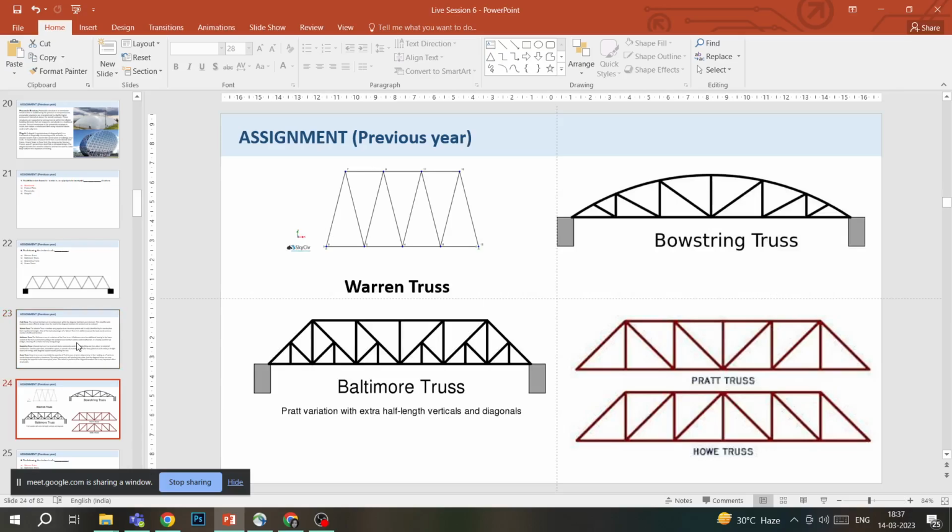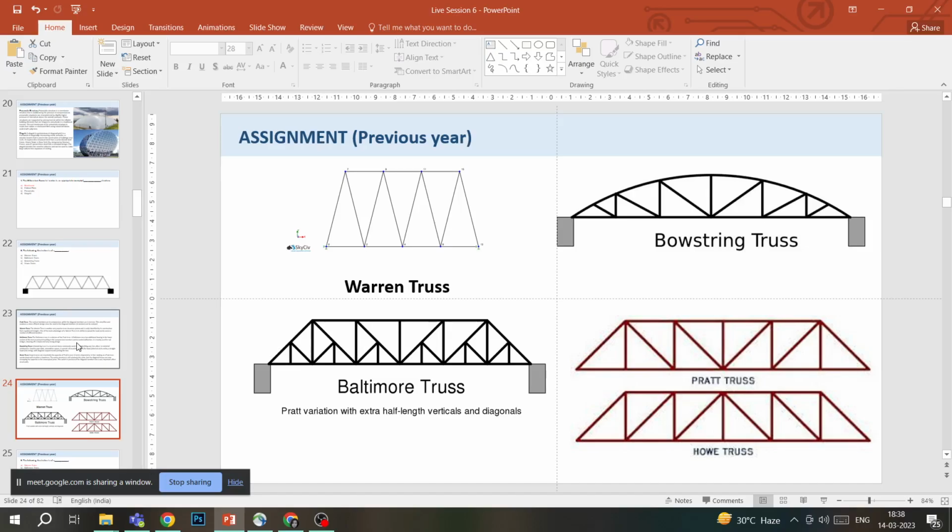So you can see the Baltimore truss in the bottom left corner. If you compare Baltimore truss and Pratt truss, they both look the same. The only difference is that it's a subtype of Pratt truss, and it differs in that it has more bracing compared to Pratt truss. In the bottom part of the truss, they have more triangles forming, more smaller struts supporting the larger tension members, so that these components don't buckle.